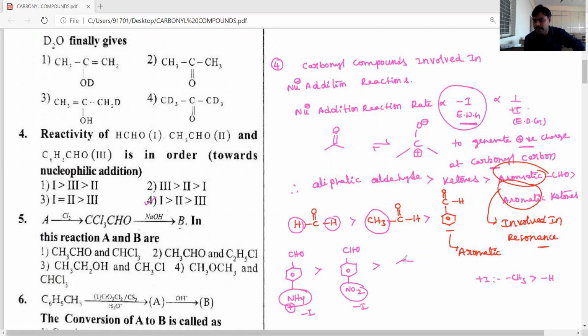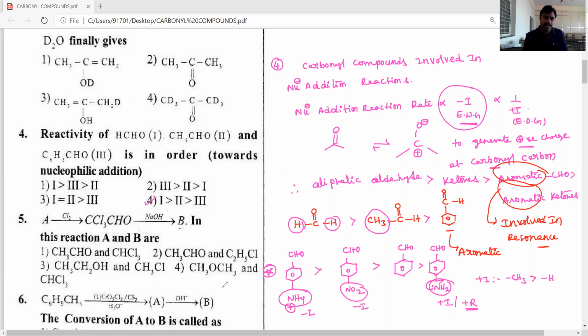Next one is benzaldehyde, and another one is para amino benzaldehyde. The NH2 group is an electron donating group, plus I or plus R group. Due to that, it increases the resonance structures, so it is less reactive towards nucleophilic addition reactions. Like this, these kinds of questions are also asked.